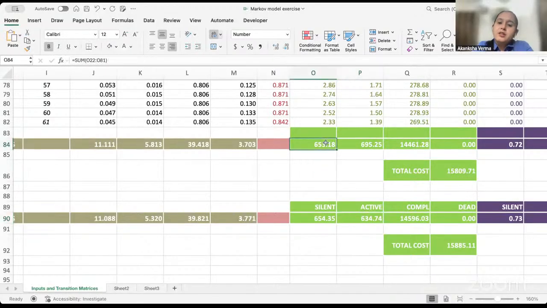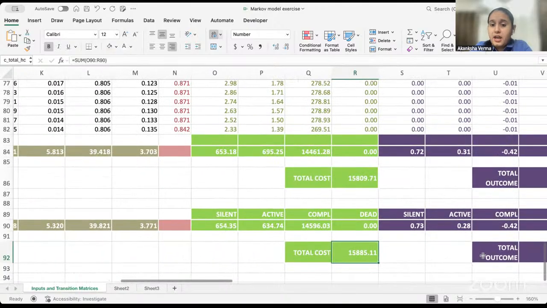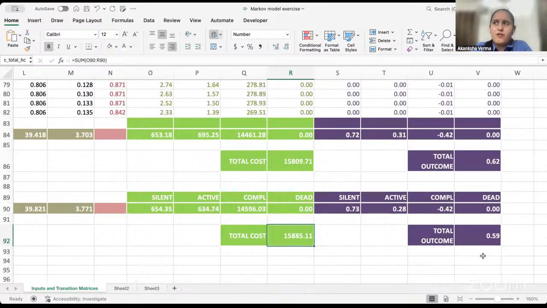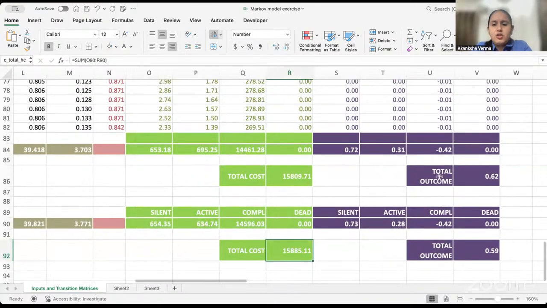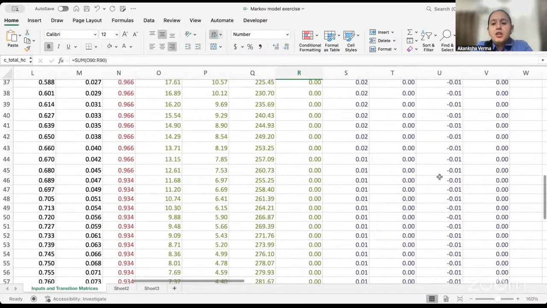See the results: there would always be a difference. Earlier, the total cost was 15,809. Now the cost is 15,885. So it's good if you can present the results with or without half cycle correction. It's always good basically.